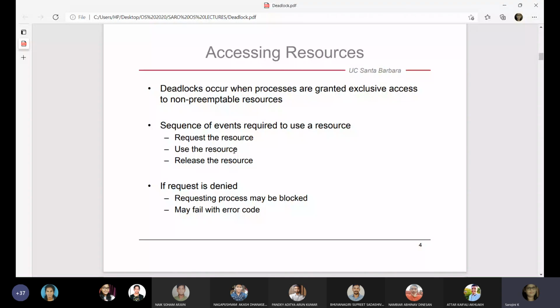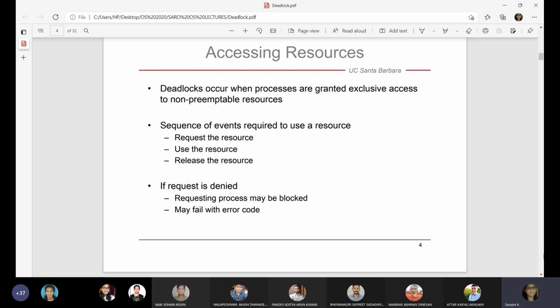After completing the task, the process should release the resource. It is that simple. So the sequence of events required to use a resource is: first request; if it is available, it will be allocated, otherwise it has to wait till the resource is released; then it can use it, and then it has to release. The process should release the resource.